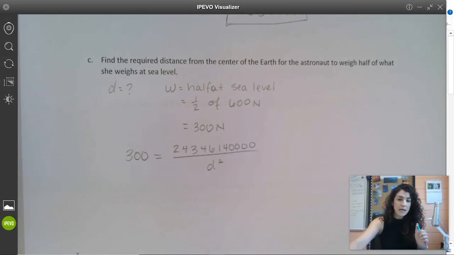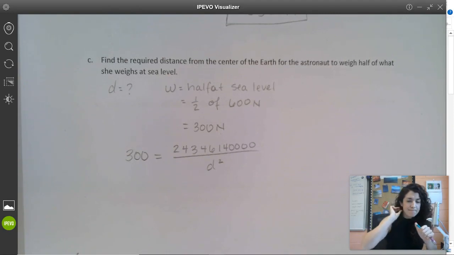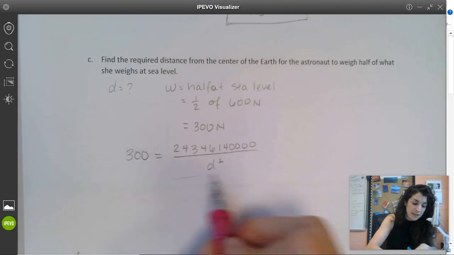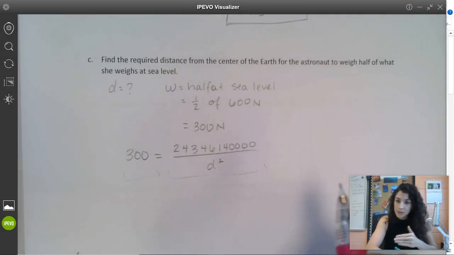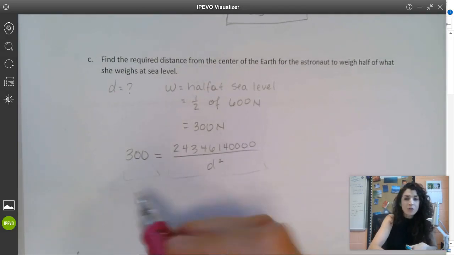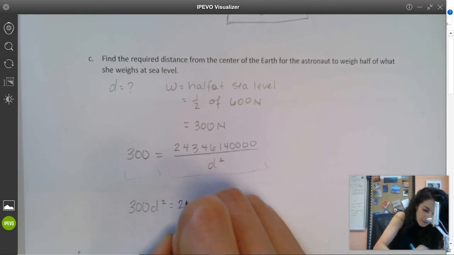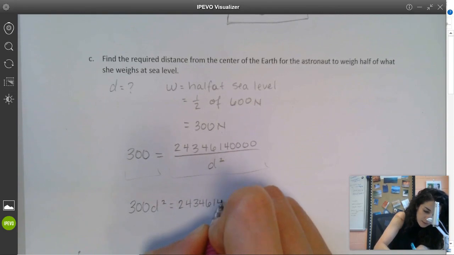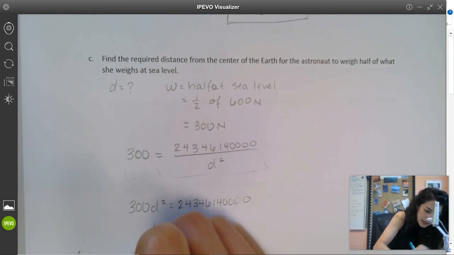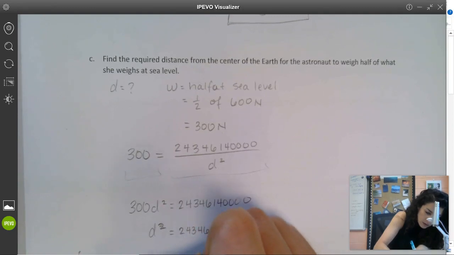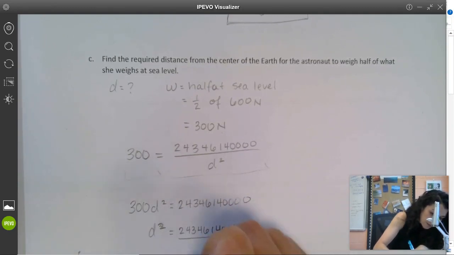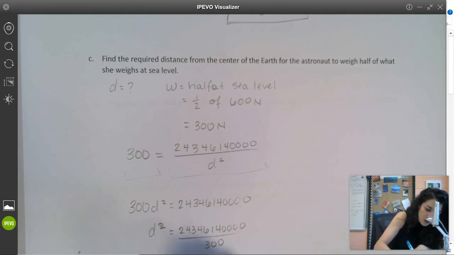You should be able to plug this into numerical solve, but it might give you a negative answer. You could always graph this and put this into y equals and this into y equals and find where they intersect, or you could multiply both sides by d squared, and then divide by 300, and then take the square root.